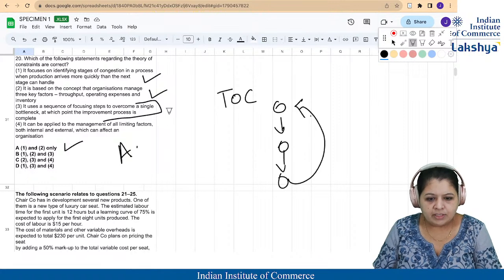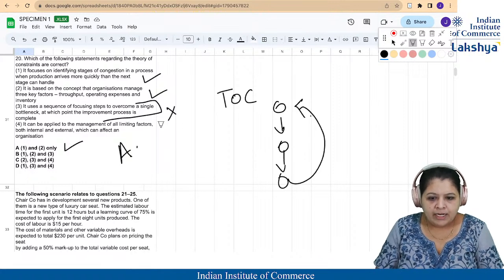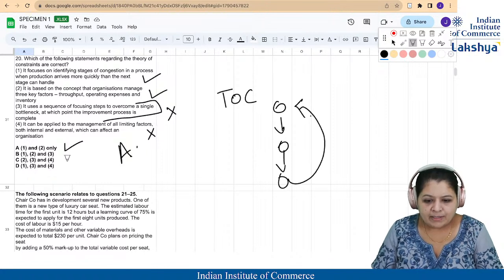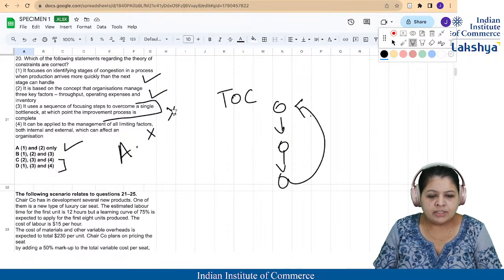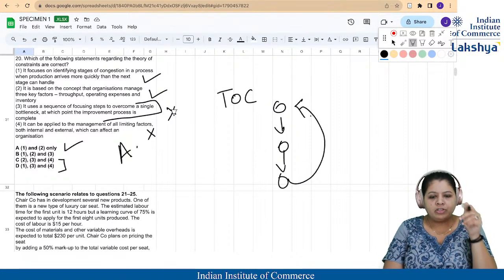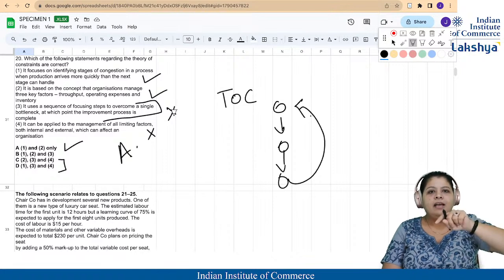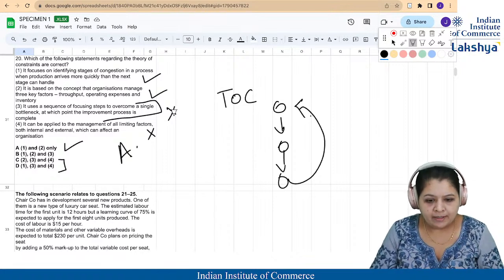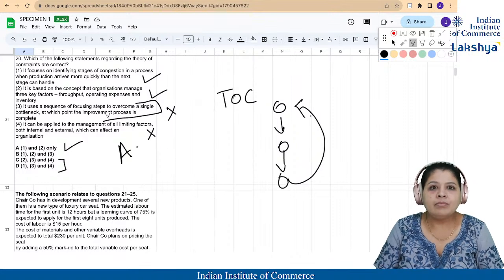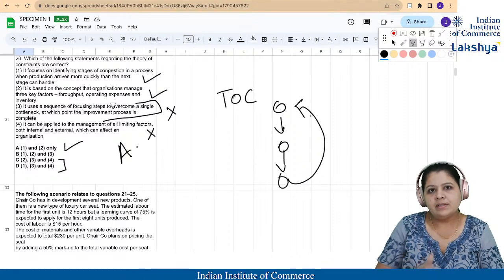Which makes this statement wrong. It can be applied to management of all limiting factors, both internal and external. That is completely wrong also. That means definitely you can eliminate C and D first. And obviously, because it is in a loop, whenever a bottleneck is achieved, theory of constraints basically tells you to go back and figure out the next bottleneck. So even your three becomes incorrect. Your correct answer is A and B, one and two, which is answer A.